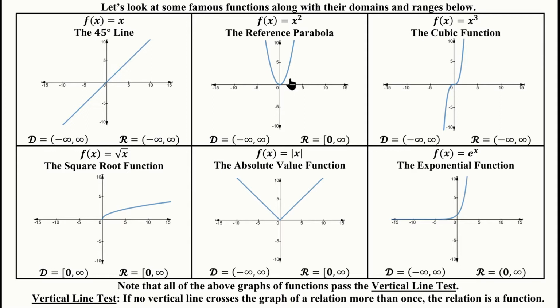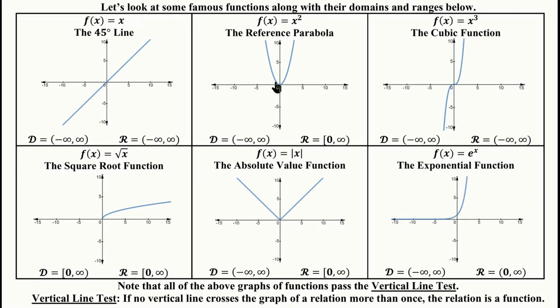Here is one we've been looking at very recently, a quadratic function. This is the reference parabola that we compare all other parabolas to. Notice the domain, once again, you can plug in any x value that you like as long as it's a real number. But the outputs, because of the squaring effect, are all going to be non-negative.